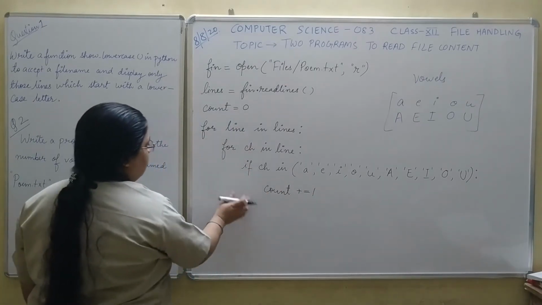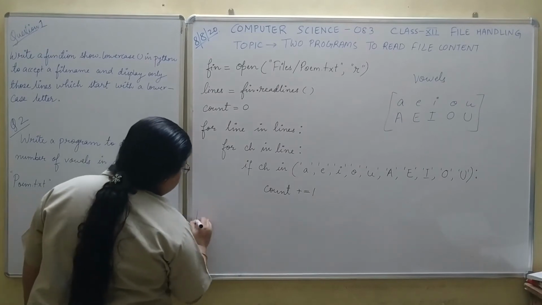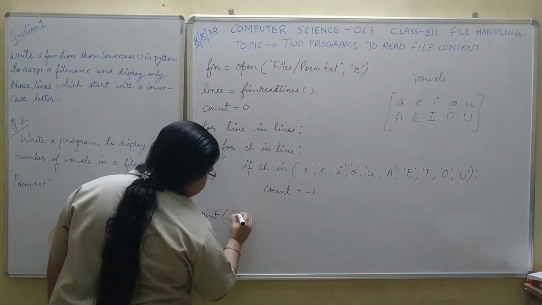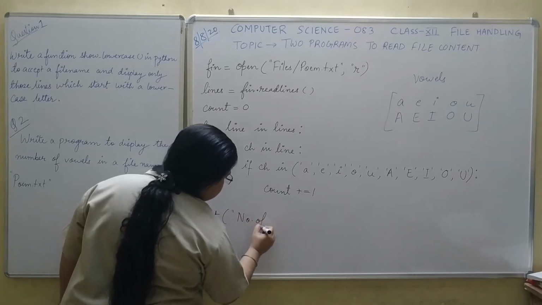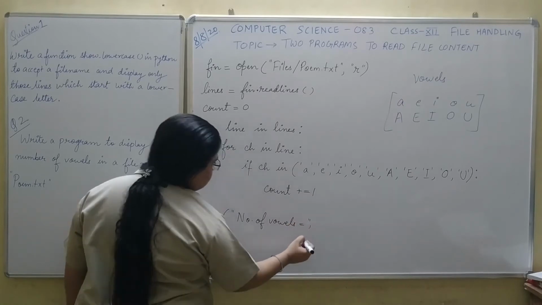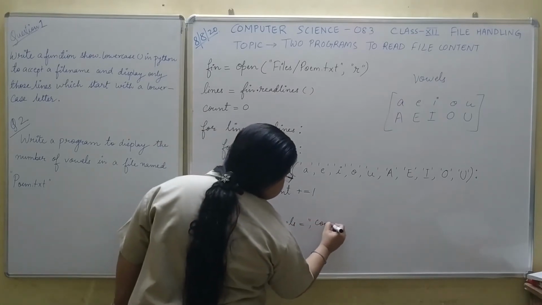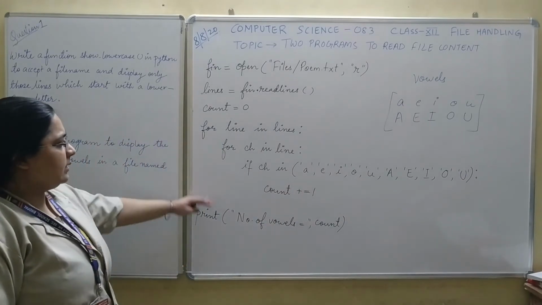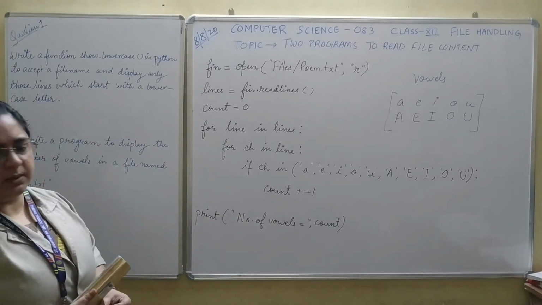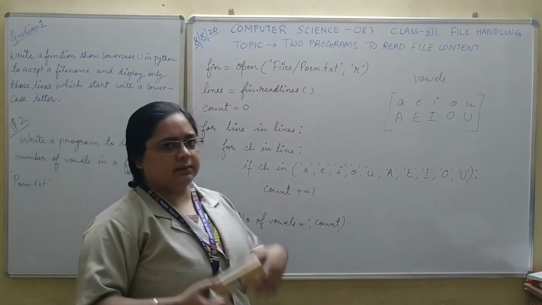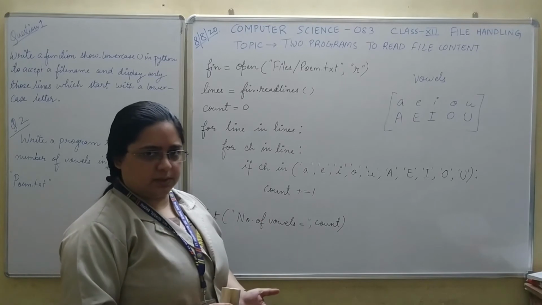And once everything completes, after this we are going to print number of vowels equals count. So what will happen? The total number of vowels within the program will be counted. Okay, so we will understand this by working on the computer.